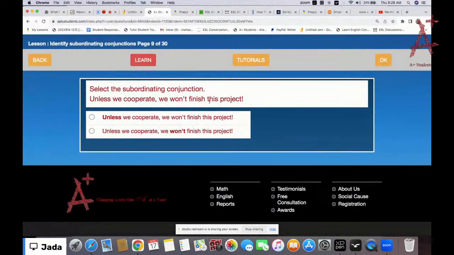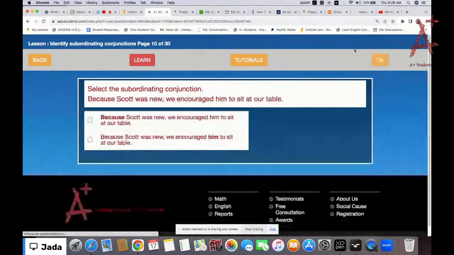So before Scott was new, we encouraged him to sit at our table.